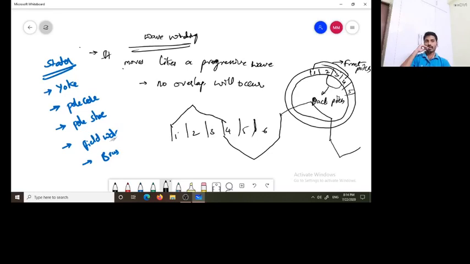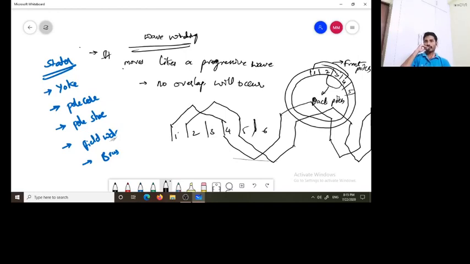It moves like a progressive wave and ends at some point. This is nothing but a wave winding. There is no returning of the conductor, which would be the overlapping. Now you can understand the difference between a wave winding and a lap winding.